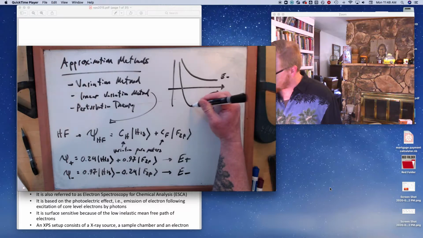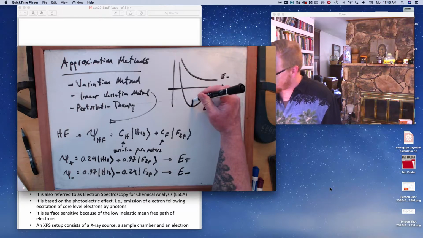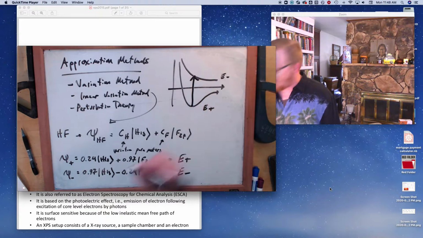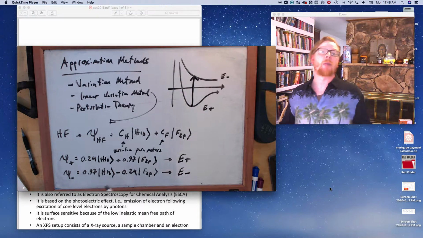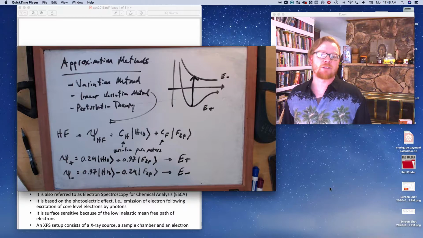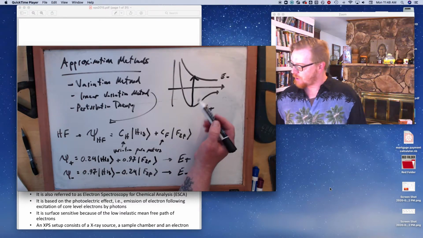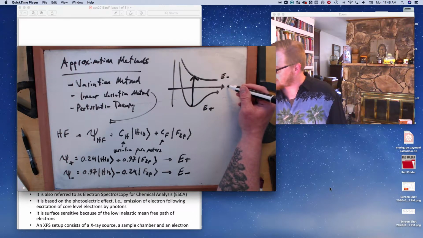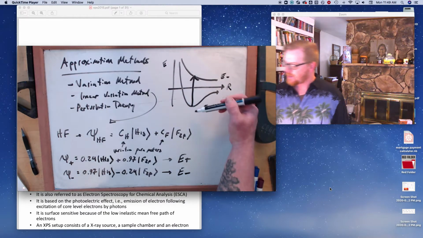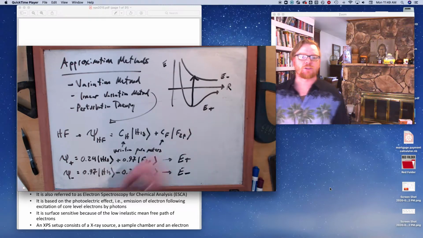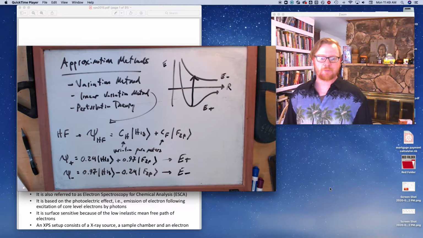The vertical transition goes from the minima all the way up. That vertical transition is a result of Born-Oppenheimer, that the nuclei are relatively fixed. The x-axis is bond distance, and here's my energy, so the vertical transition occurs at a constant radius.